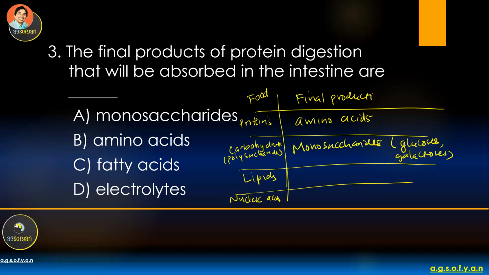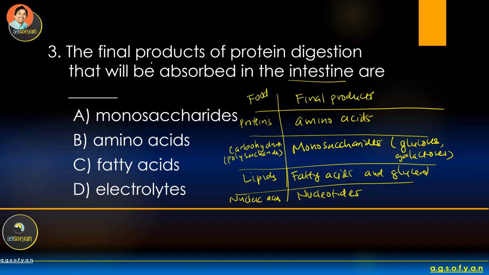The final products of digestion of lipids will be fatty acids, okay, and glycerol. Okay, so nucleic acids like DNA and RNA, the final products of digestion of these nucleic acids will be called the nucleotides. Okay, so these are the final products that will be absorbed in the intestine.